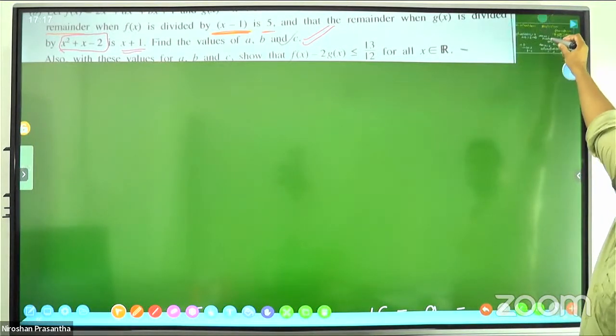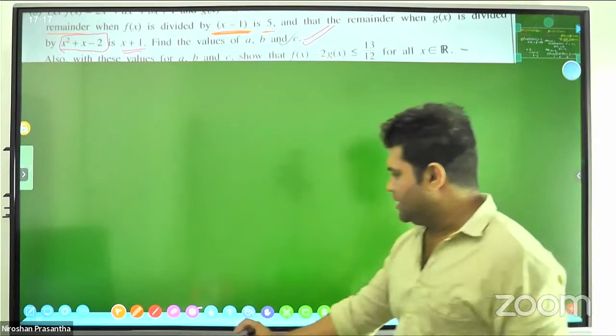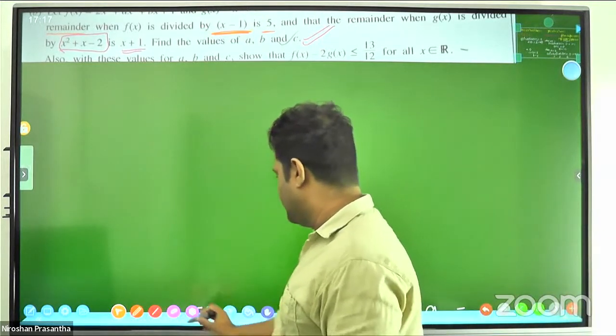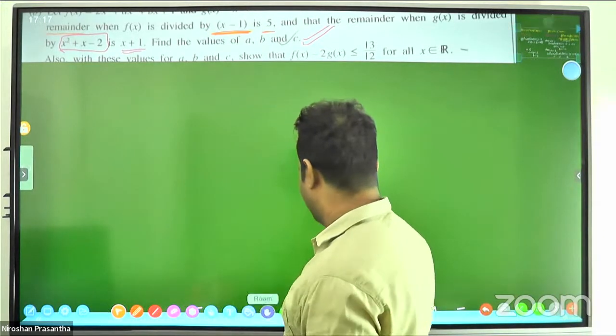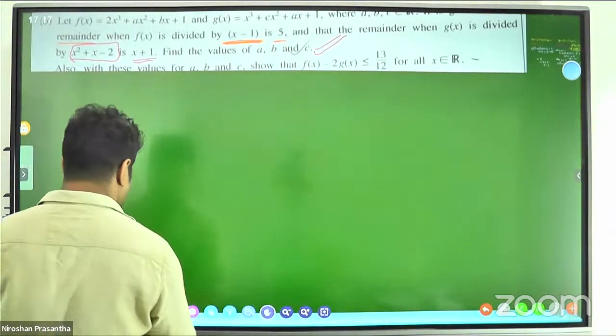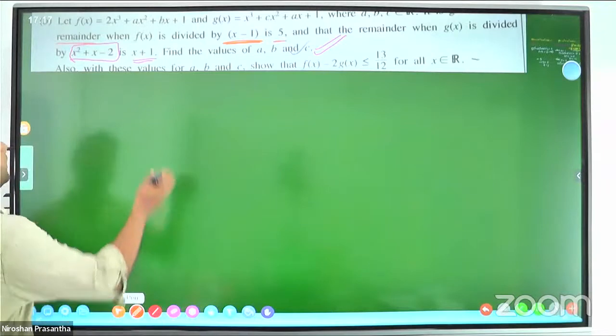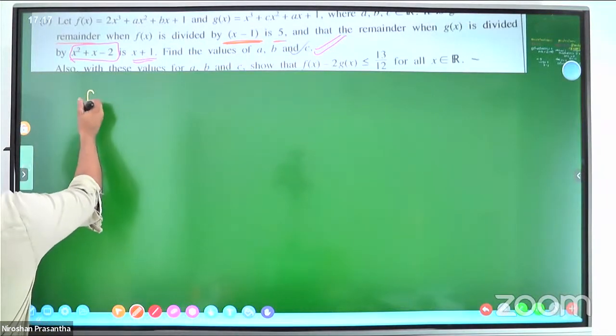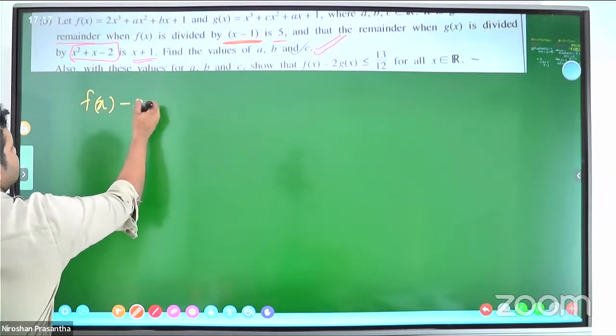If you want this data bar, you can have it. Then erase this, and if you want to see it back, ask me. Now I'm going to write down f(x) minus 2g(x).